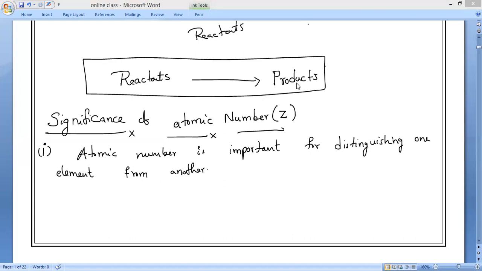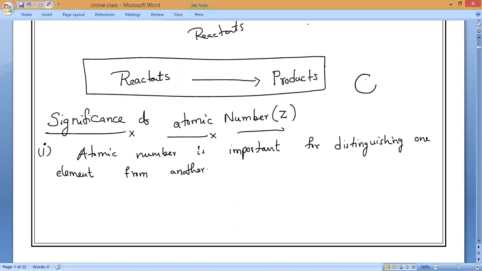Understand, Hari? Because atomic number means what? Atomic number means, first of all, only the number of protons. So if you take any two elements, for example, I will take carbon element. This is carbon and this is oxygen.